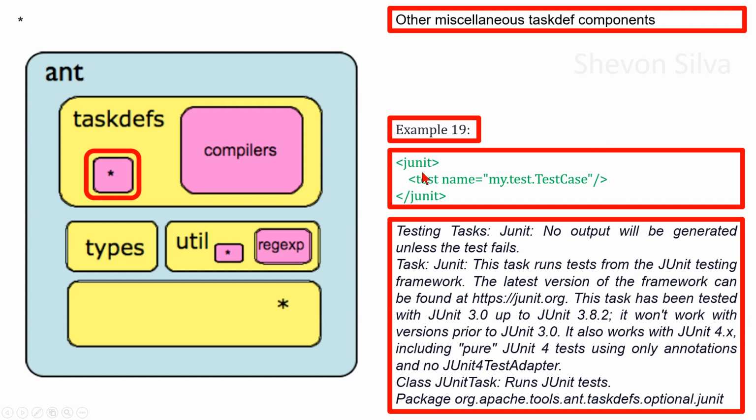With regard to the API, class JUnit task runs JUnit tests, and this is in package org.apache.tools.ant.taskdefs.optional.junit. Here it runs the test defined in my.test case in the same VM. No output will be generated unless the test fails.